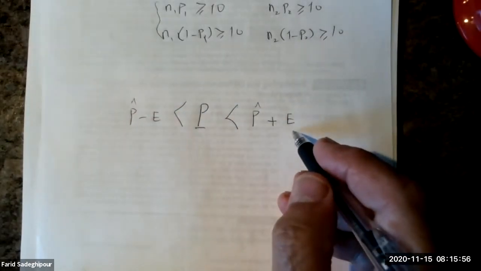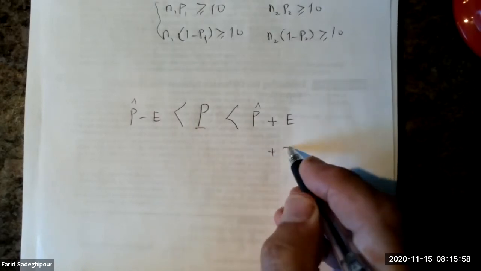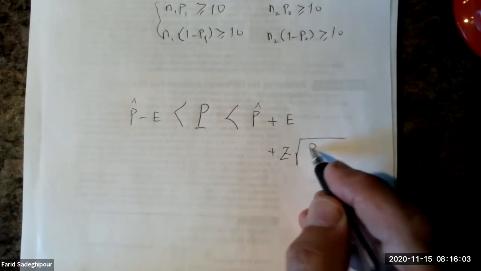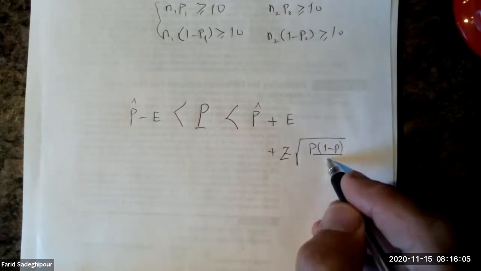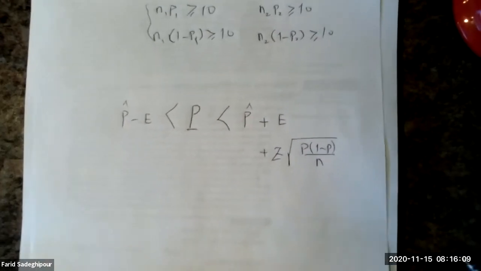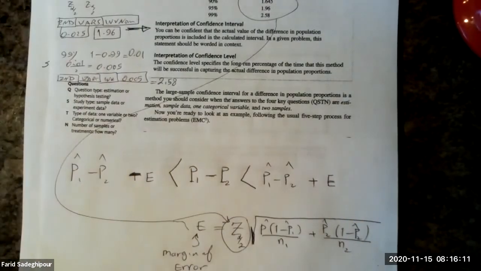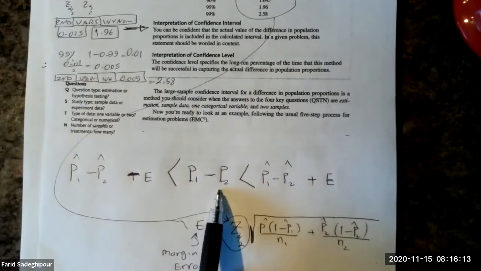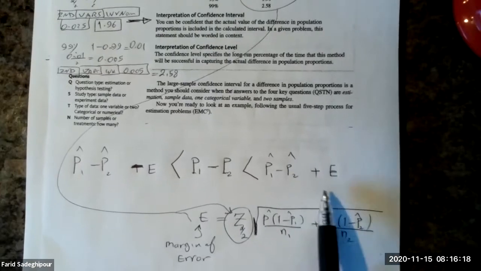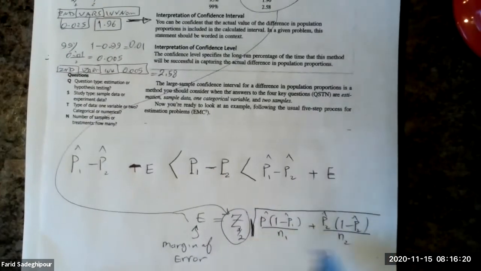E was the margin of error, which was z times the square root of p times 1 minus p over n. Now, since we are dealing with two populations, we look at the difference between these two. Again, this margin of error is equal to this.